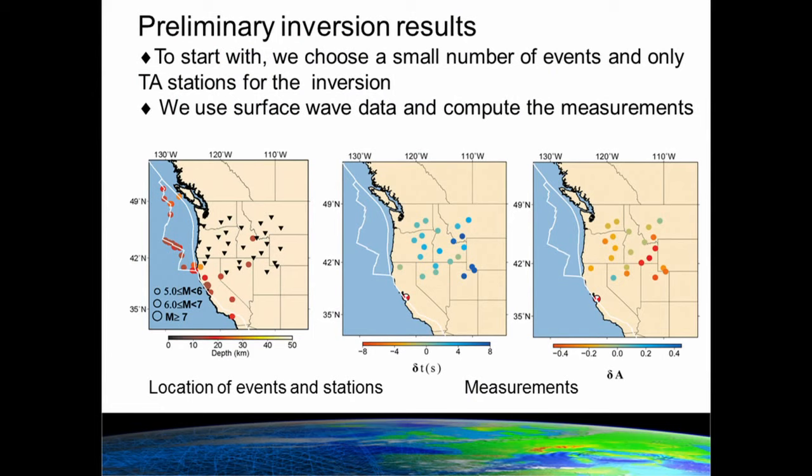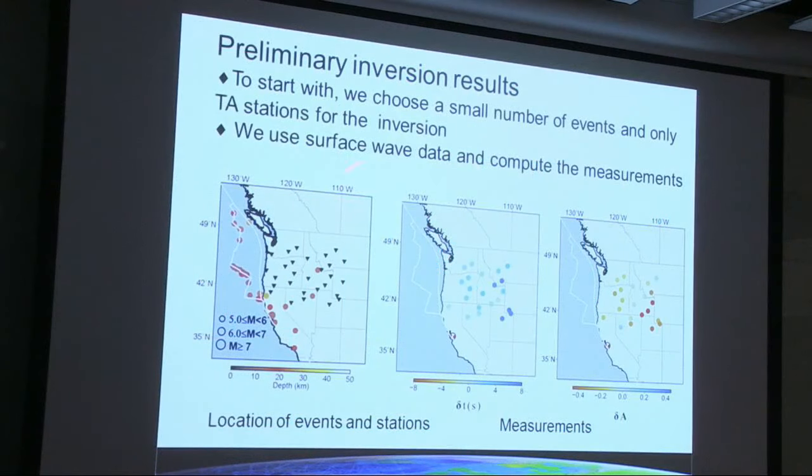So to start with, we choose a small number of events and only TA stations for the inversion. However, we still have relatively good ray path coverage for the source and station pairs for the first iteration. We choose the surface wave data and compute the travel time and amplitude anomalies at different stations.